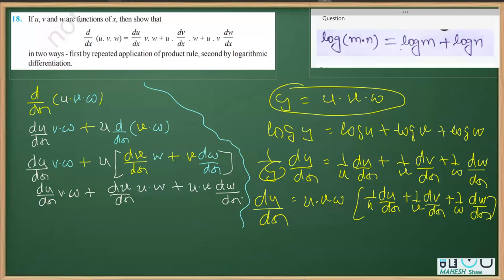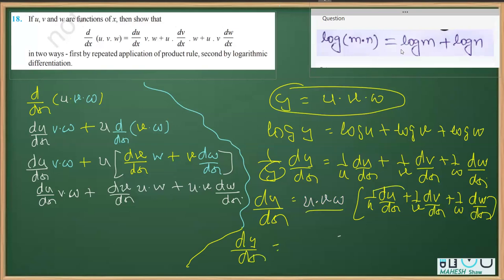Now, I'm going to apply the distributive property and multiply this with each of these terms. This is dy by dx.